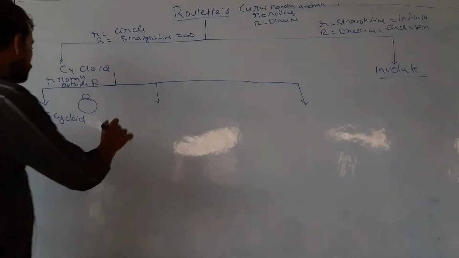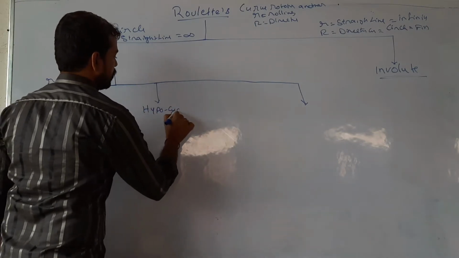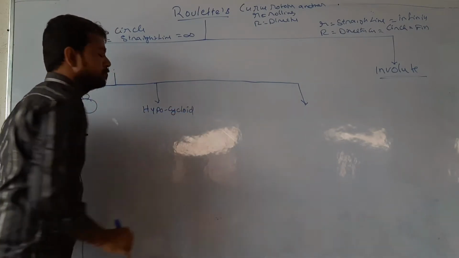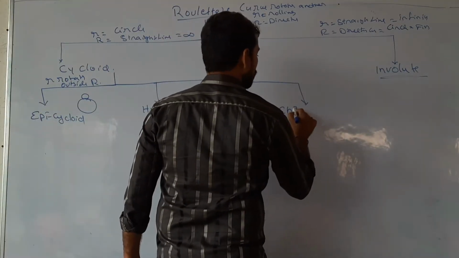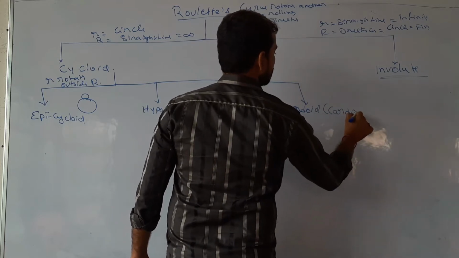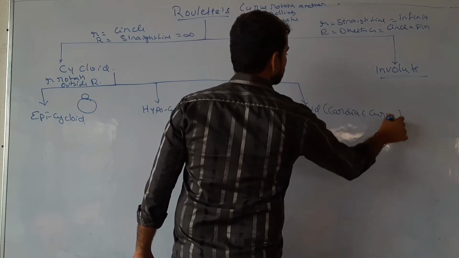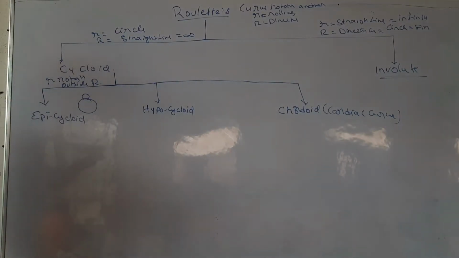If it is inside, you will get hypocycloid. If both are common, you will get cardioid, nothing but the cardiac curve. Again, there are certain types in this.